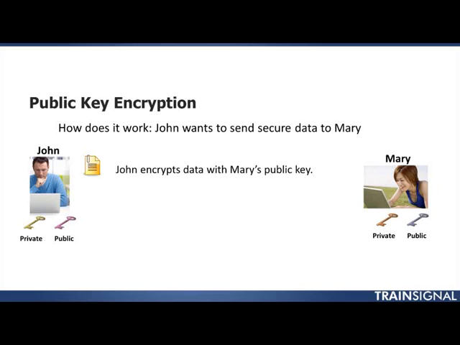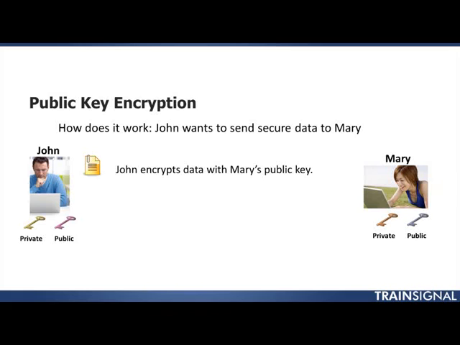Now here's the deal. Anytime data is encrypted with any key, doesn't matter which one of the 200 keys, for example, that we have, the only way it can be decrypted or read or brought back to plain or clear text is by using the matching paired key.